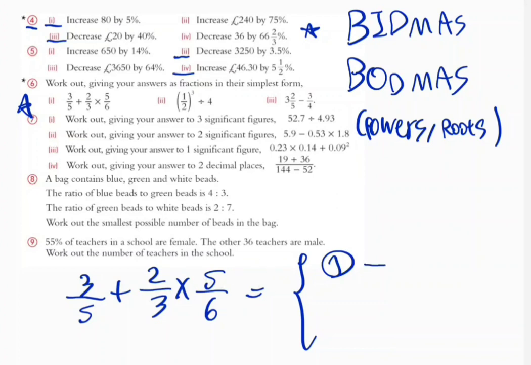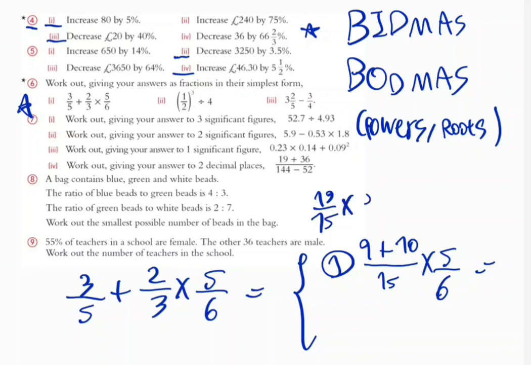The common denominator is 15, so that's 9 plus 10 over 15, times 5 over 6. So here it's going to be 19 over 15 times 5 over 6, which is equal to 19 over 18, the simplified version of that.